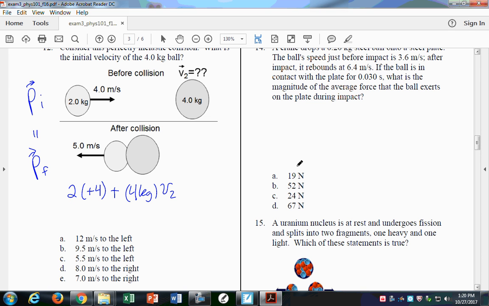And I know that because if this guy is going to the right, and these guys are going to the left, this one has to be going to the left because it has momentum in that direction. And the final situation, the two particles have a negative momentum. So I could go and get rid of these options. I know they're not right. They are right, actually. That's why they're wrong, because they're to the right. You get it?